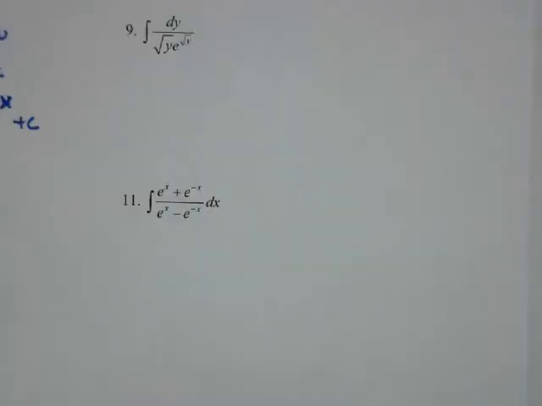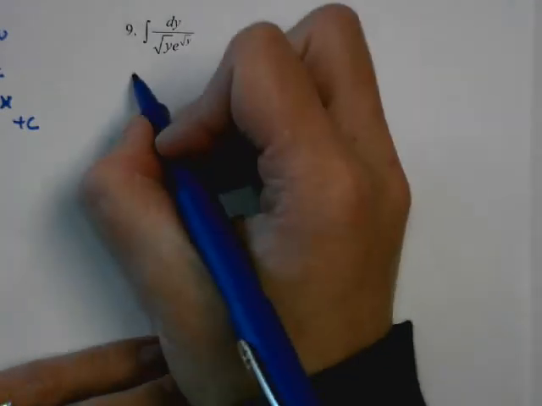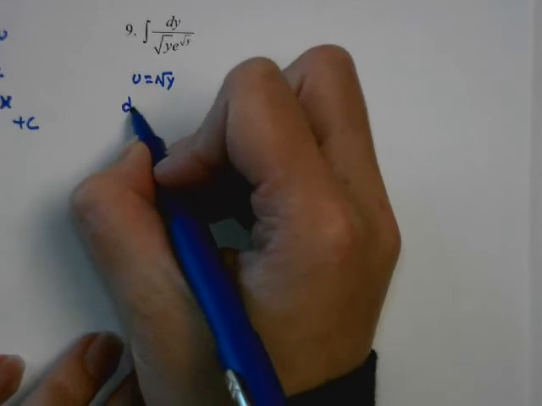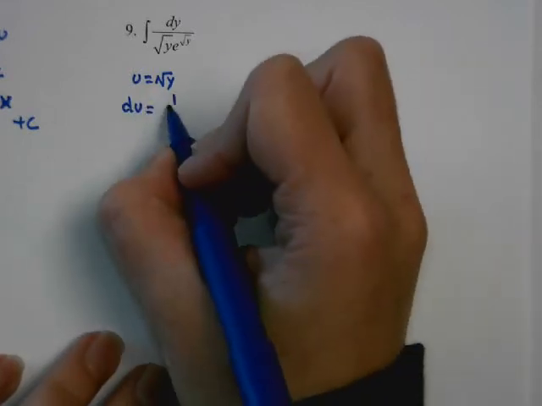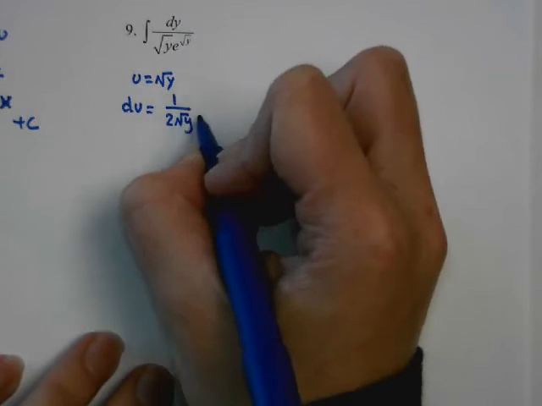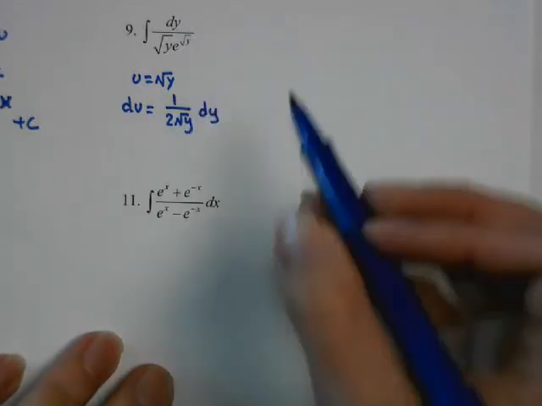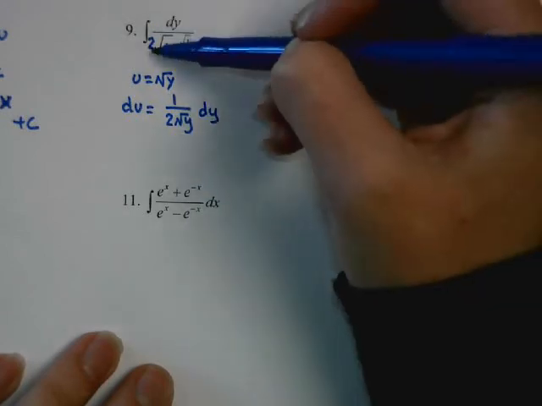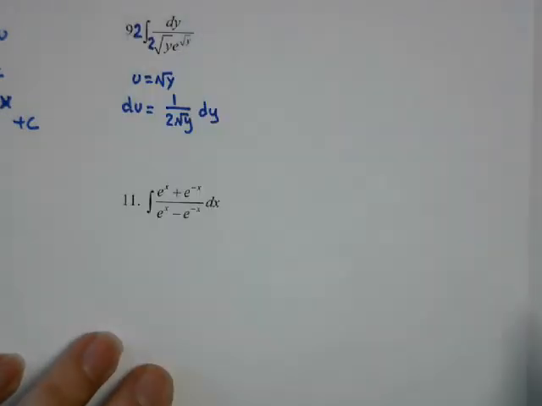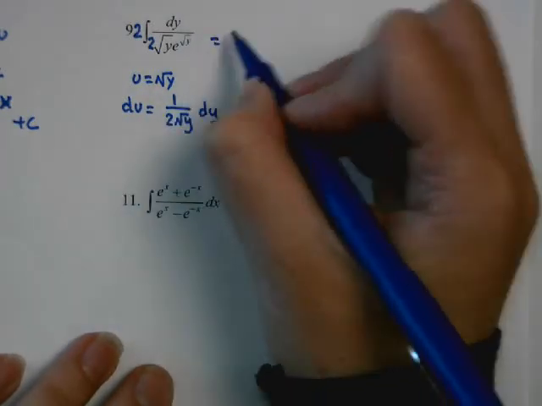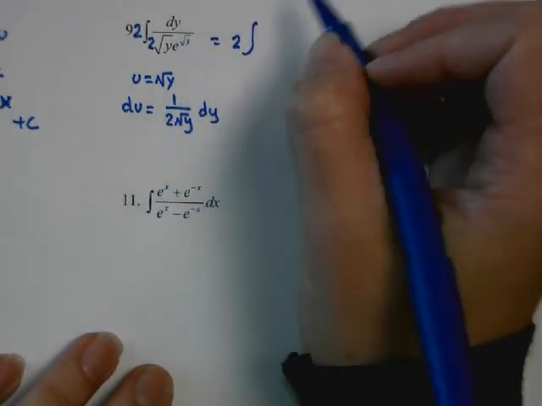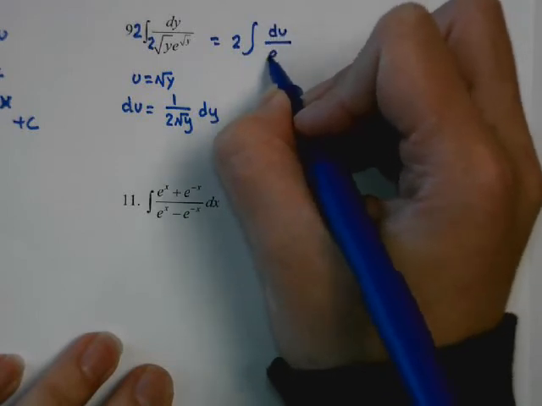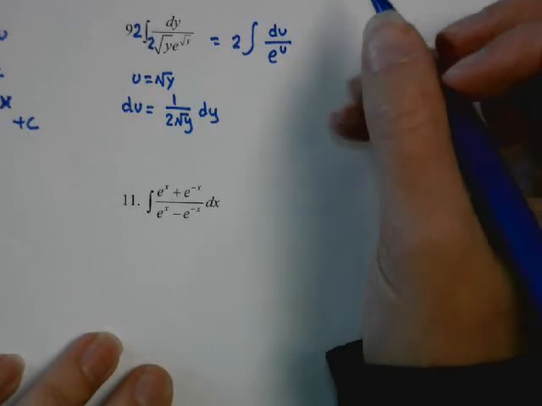For this one, okay, we're going to let u equal the square root of y, which means du is 1 over 2 root y dy. So I'm going to put a 2 here so that I have this. Well, that's like multiplying by 1/2, so I need to put a 2 on the outside. So this is going to be the integral of 2 du over e to the u.